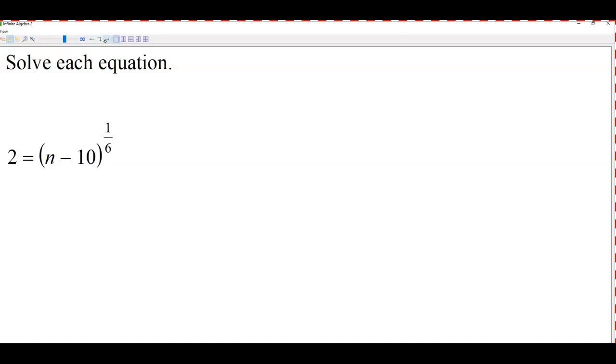So now, if you guys have gotten to this step here, some of you guys might have done this. You don't have to do that. It just makes things a little bit harder.